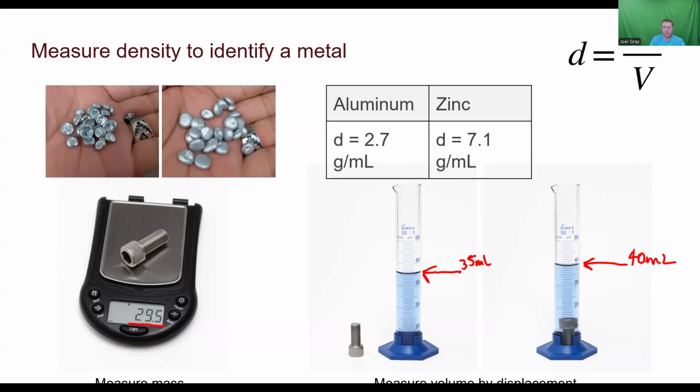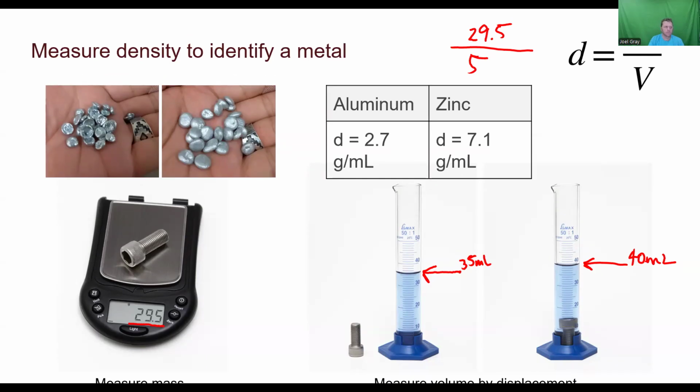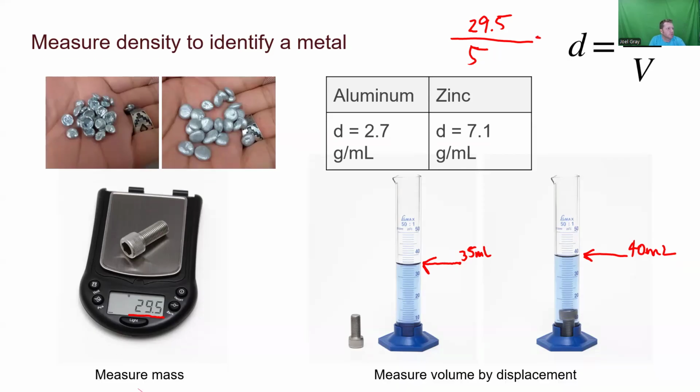29.5, that's our mass, divided by 5. That would be approximately 5.9 grams per milliliter.